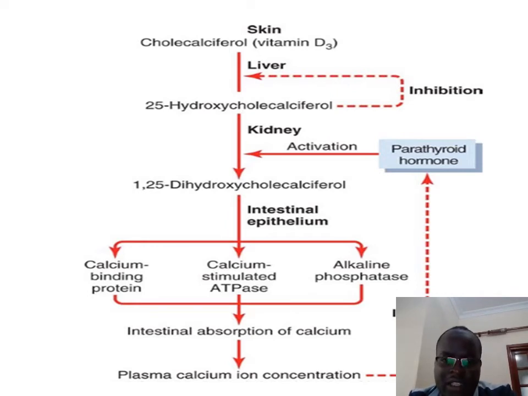You can see under the skin we have cholecalciferol, the vitamin D that will be worked on by the ultraviolet rays from the sun to convert it into 7-dehydrocholesterol. Then it will be transported to the liver, where enzymes add a hydroxyl group to carbon number 25, hence the name 25-hydroxycholecalciferol, which has a negative feedback mechanism.